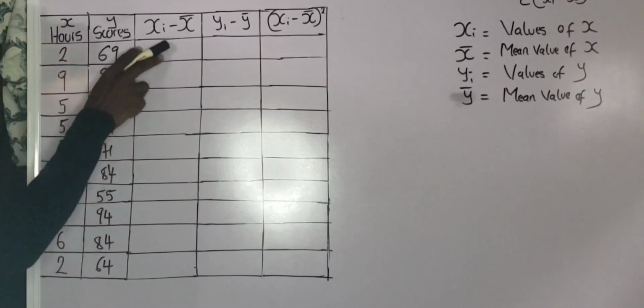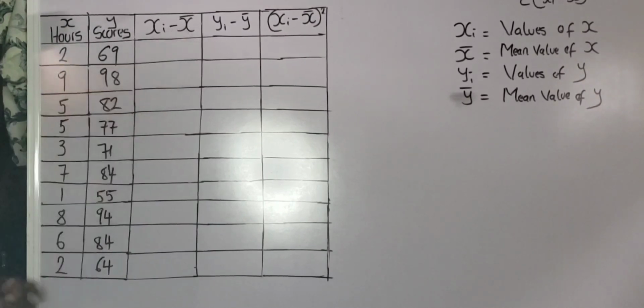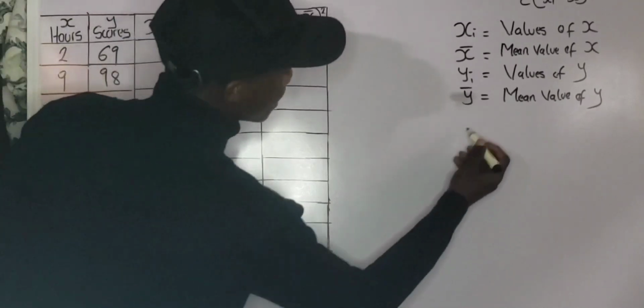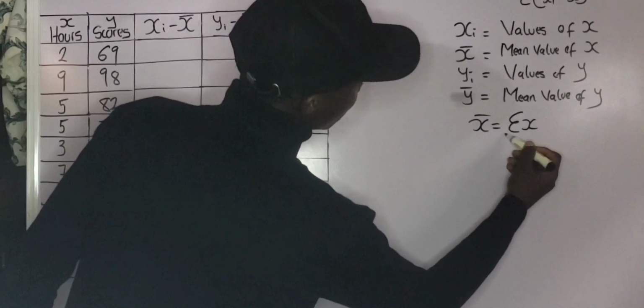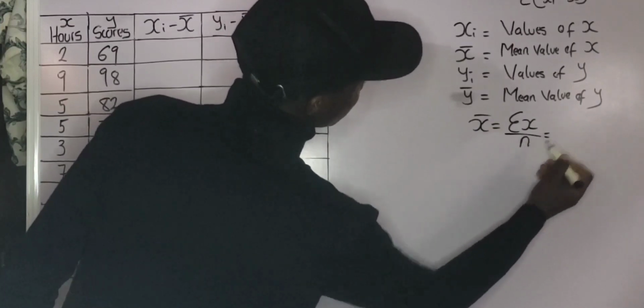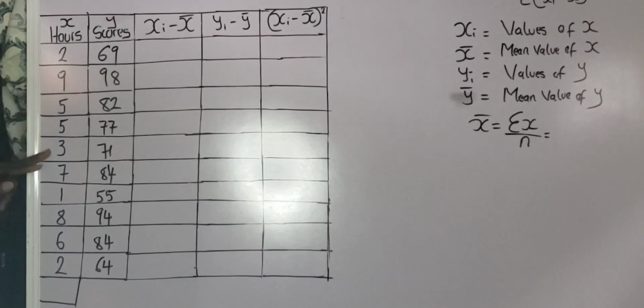But before I can determine the values here, I need to find the mean value of x. Don't forget, from your basic arithmetic, the mean value is equal to summation x all over n. So the mean value of x is the sum of all the values of x. If you sum all these values together, that is 2 plus 9 plus 5 plus 5 plus 3 plus 7 plus 1 plus 8 plus 6 and plus 2, you are going to get 48.